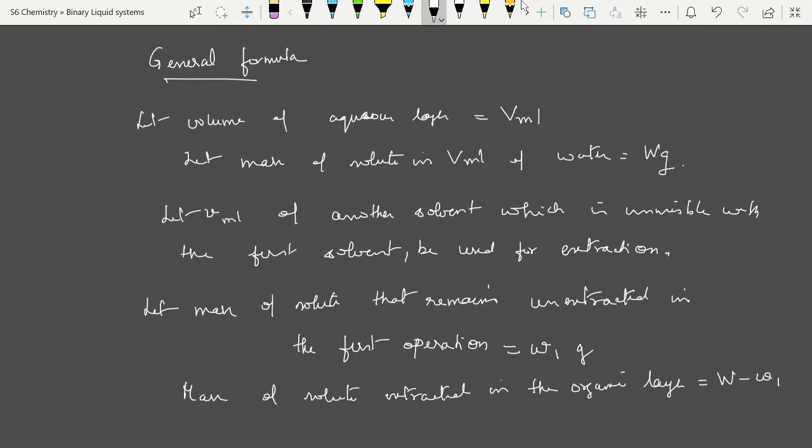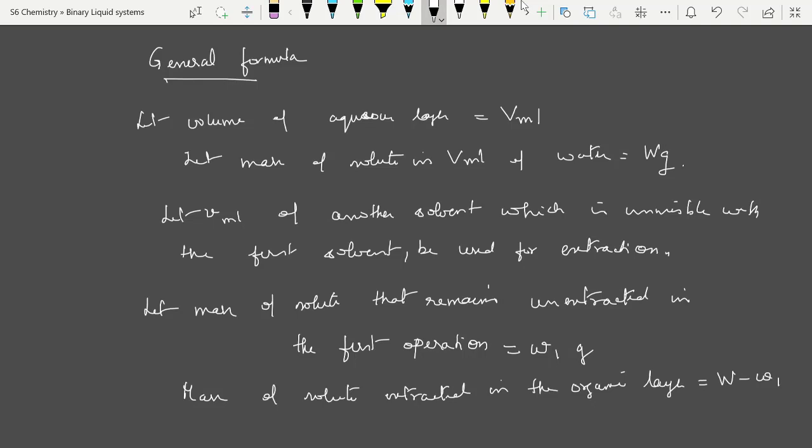So, initially capital W grams of solute was present in capital V ml of aqueous layer. To that, small v ml of the organic layer was added, and in that process W1 grams of the substance remains unextracted. It is in the aqueous layer.